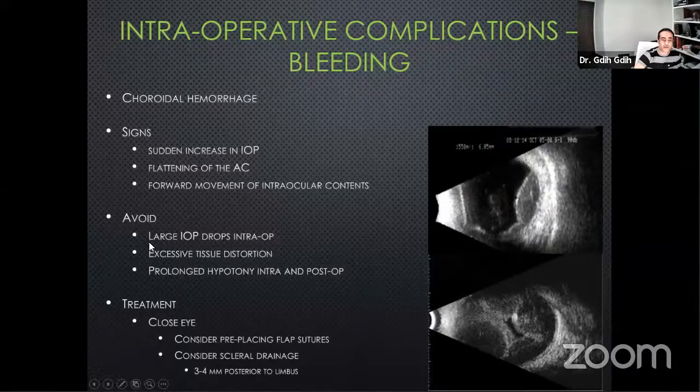How to avoid a large intraocular pressure drop intra-op? Using intra-op mannitol is a good idea. Excessive tissue distortion, also try to avoid that. Prolonged hypotony, intra and post-op. Whenever you have hypotony, even if everything looks good, try not to keep the patient hypotonous for a long time.